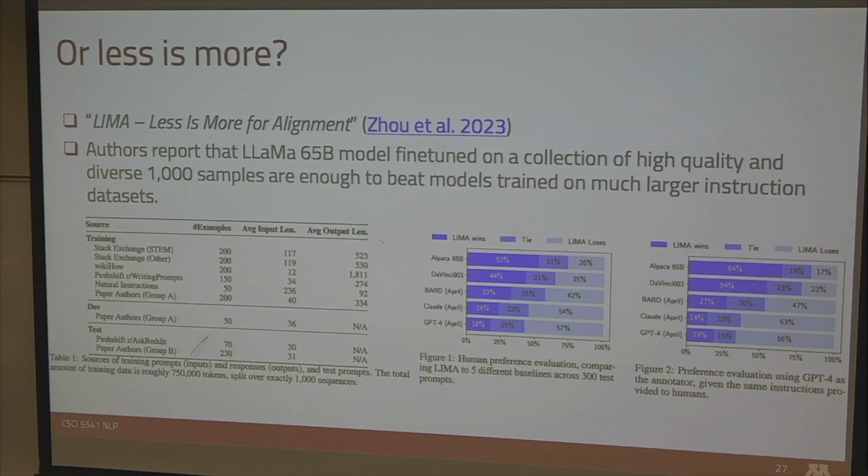So this is kind of good news for small scale research groups or startup companies where you want to fine-tune your language model to your particular domain. Maybe you don't need to spend that much to construct a large scale instruction data set.